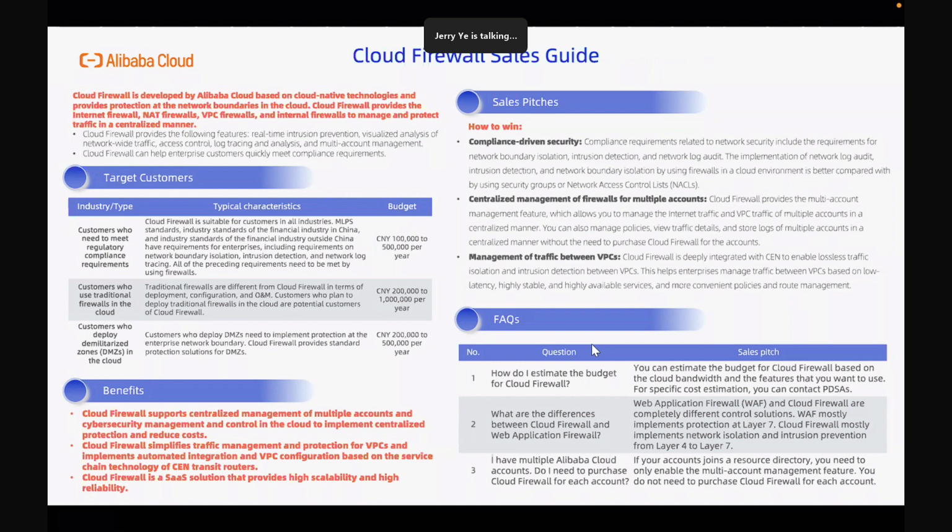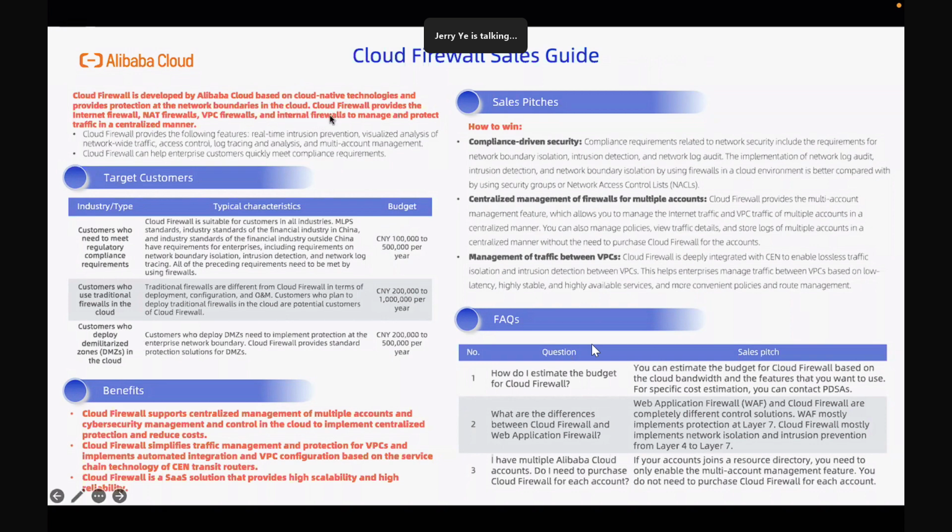So you need to configure the NAT rules, access control rules, and the next hop. But Cloud Firewall is a totally cloud-native firewall, so you don't have to do so many configurations. And Cloud Firewall is deployed by Alibaba Cloud based on cloud-native technologies and provides protection at network boundaries in the cloud.